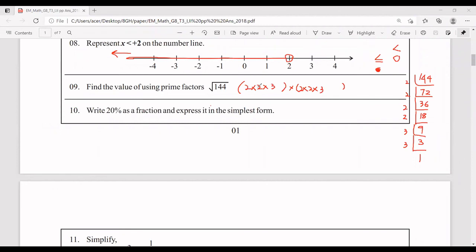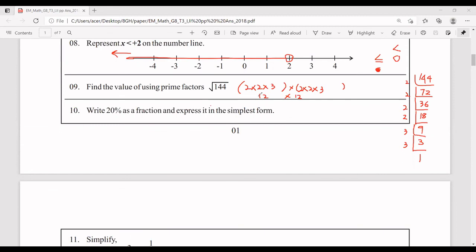Then 2 into 2, 4. 4 into 3, 12. So here 12, here also 12. 12 into 12 means 12 squared.